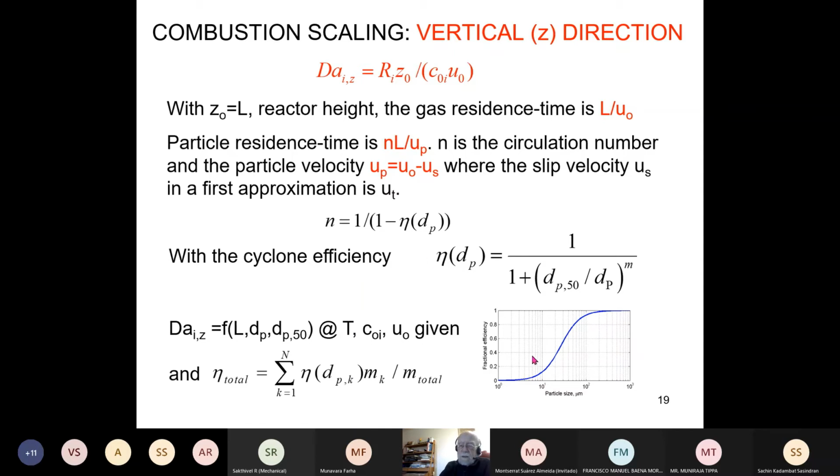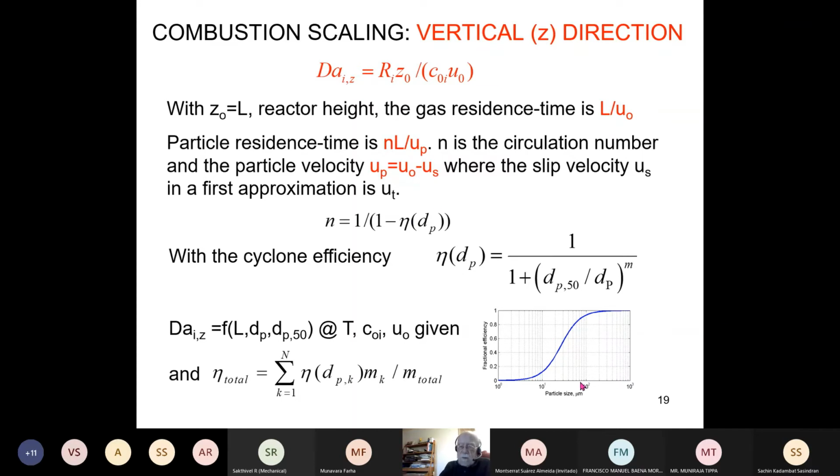And I didn't say it yesterday, but I showed this efficiency curve. If the particles are large, efficiency is always unity, so the particles don't escape. They just circulate. N is infinite, and there is no problem with combustion.